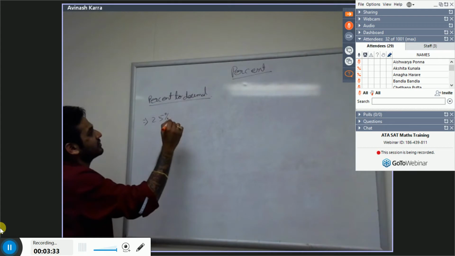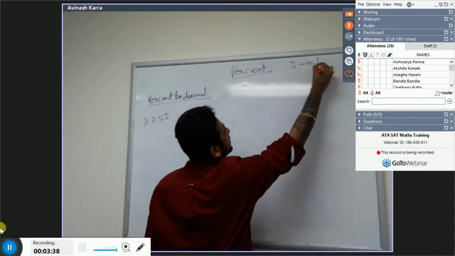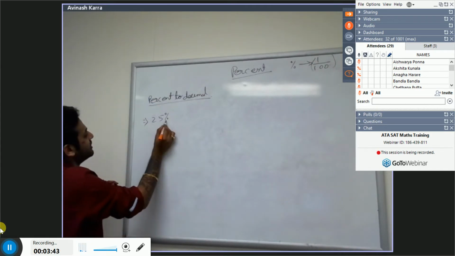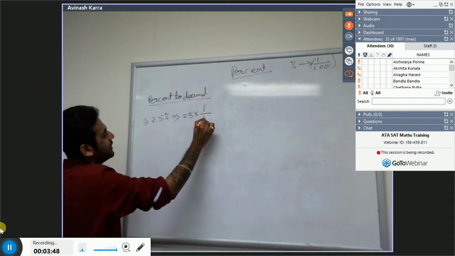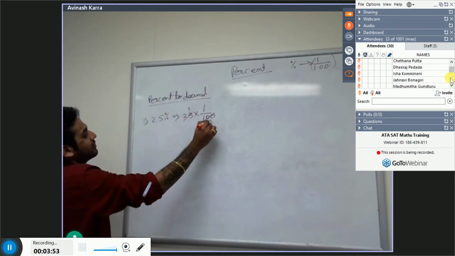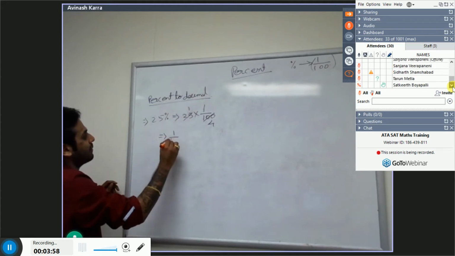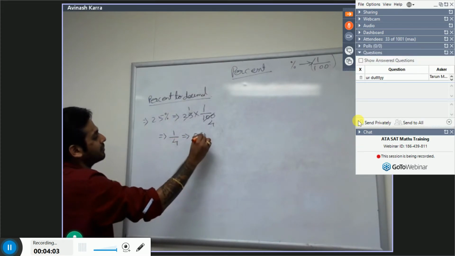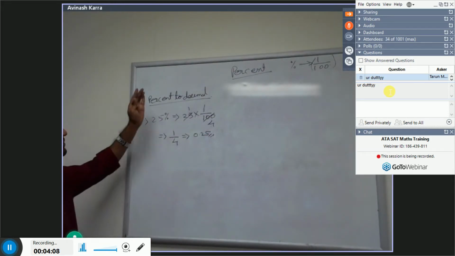Whenever you see the symbol percent, blindly remember that it is 1 by 100. What does 25% mean? It means 25 into 1 by 100. So just simplify: 25 ones are 25, 25 fours are 100, which is nothing but 1 by 4. If you simplify further, you'll get 0.25. This is how you convert percent to decimal.